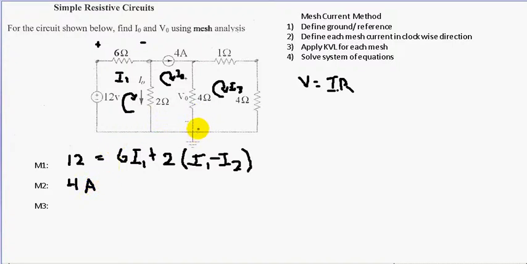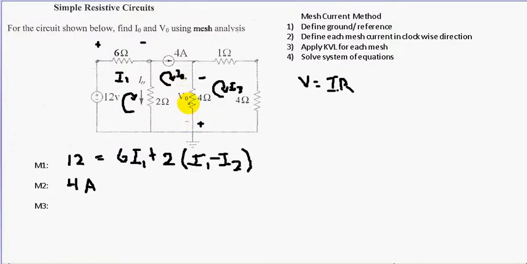Now let's move on to our last mesh, I3. Since we have no current source, we can't use the same method that we did for mesh 2. Let's write our equation. Starting from ground, we're going through this 4 ohm resistor from plus to minus. Don't be deceived by this voltage part where it's plus to minus.